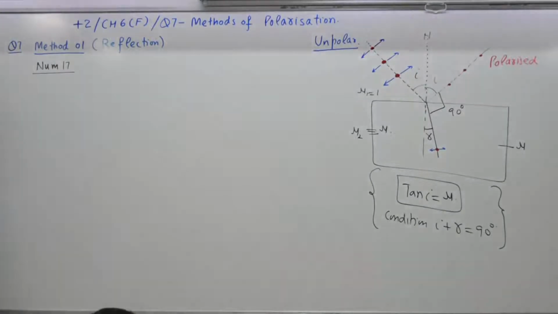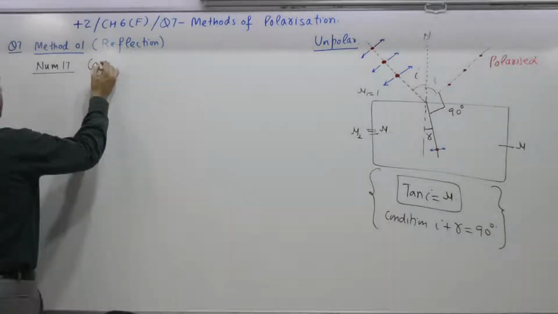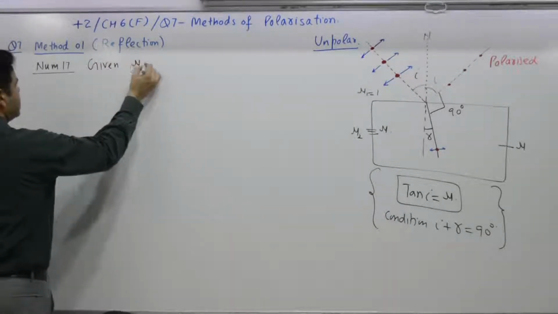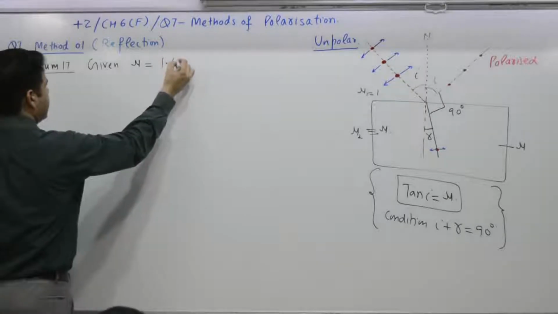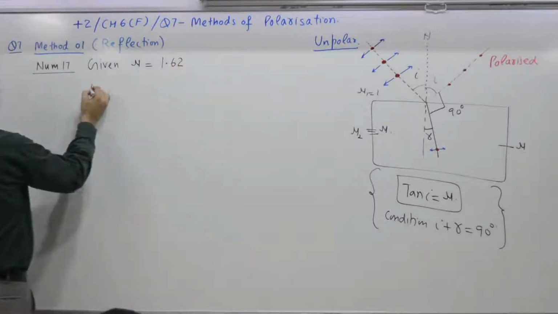Numerical number 17 is, a ray of light falls on a transparent glass slab of refractive index 1.62. If the reflected ray and refracted ray are mutually perpendicular, what is the angle of refraction? Given is what? Nu is 1.62. You have to find out what?